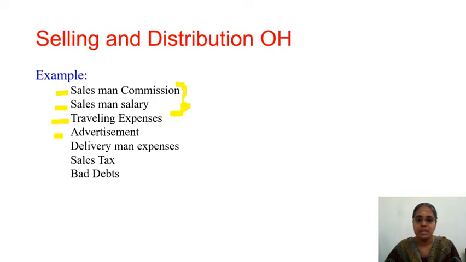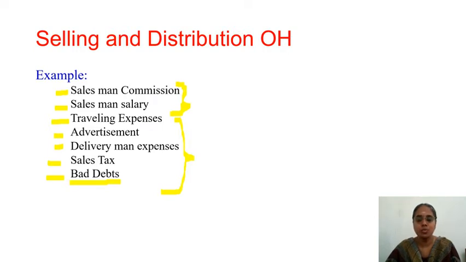Then traveling expenses, advertisement, delivery man expenses, sales tax, and bad debts, which are people who have not paid money for the product that was given. All these are related to selling and distribution overheads. The first two are related to labor and the others are all expenses. All are indirect, that is why they are overheads.